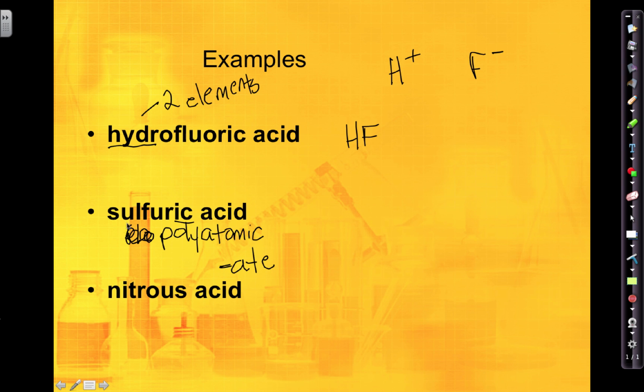So sulfuric has to be sulfate, which is SO4 with a -2 charge. And it's an acid, so it has to have H+, and it always starts with H. So bring the H down, bring the SO4 down. The 2 will come down here, the 1 will come down there, but you don't need to write that. So it's just H2SO4.